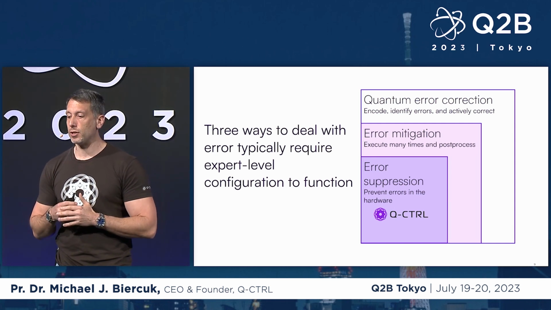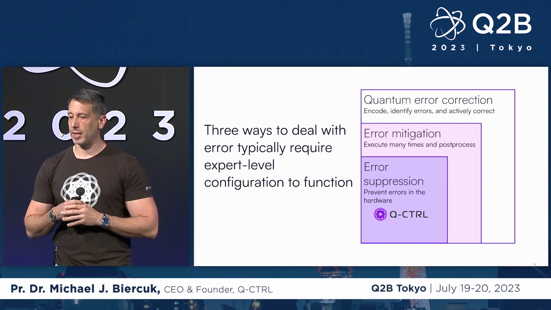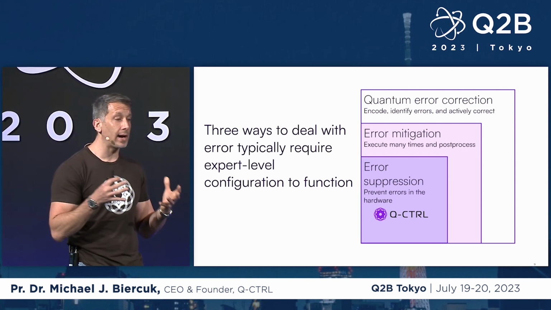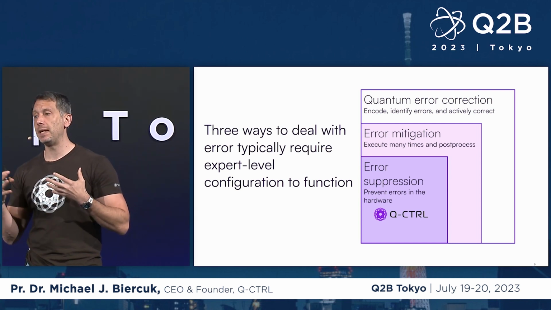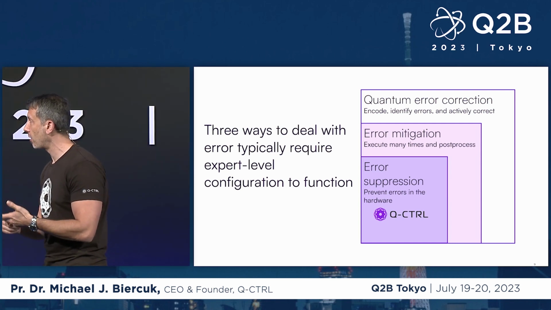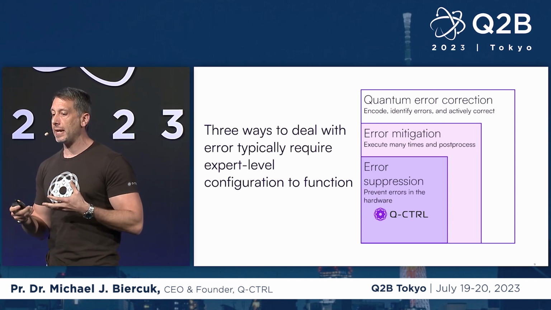This is what I'll mostly talk about. But no matter which of these you're interested in, all of them require typically expert-level configuration. You must be an expert in either error suppression or error mitigation or error correction in order to actually implement these things in any way to gain a benefit.